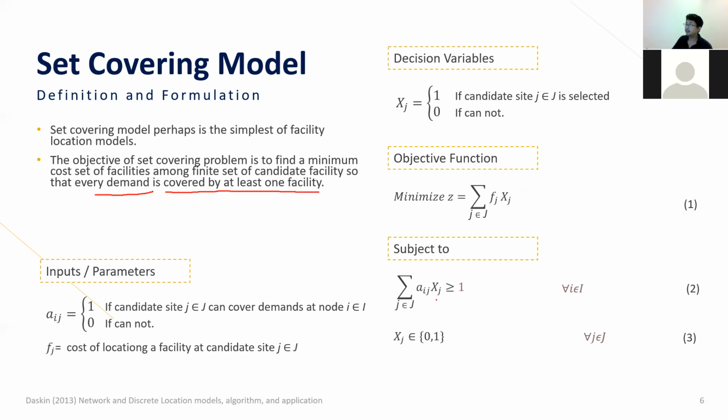So here, this Aij represents whether, if you open facility J, this information will give you which demand node I is covered by that facility J. And by checking all the demand nodes, you check that the sum of Aij multiplied by Xj is greater than or equal to 1.